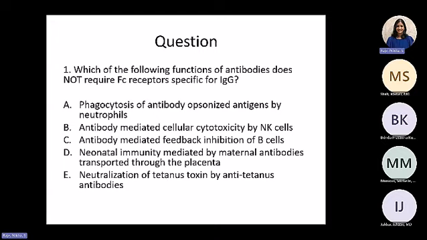And phagocytosis requires Fc gamma R1 for high affinity. Neutralization is just binding of the antibody to the toxin itself. It does not require the Fc portion of the immunoglobulin to bind to Fc receptor. So the answer is E. So rest of them require the antibodies to bind to the Fc receptors. Neutralization the antibody just binds to that toxin.